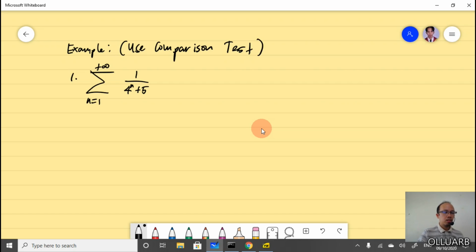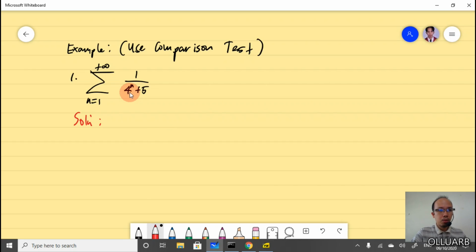Okay, so as I said in the introduction, there are given problems that resemble a known series, like a p-series or a geometric series, but you cannot use the theorem for the known series.